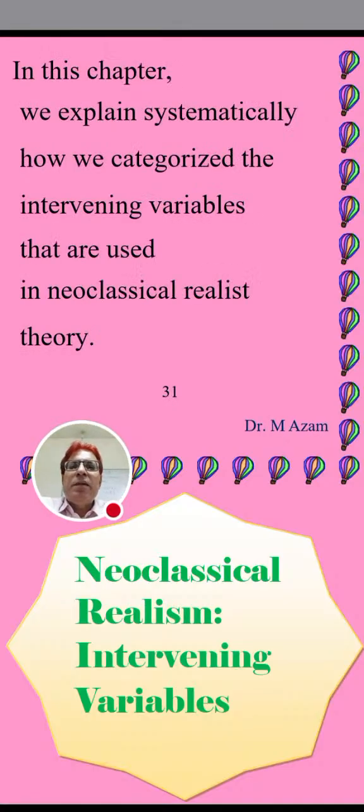In this chapter, we explain systematically how we categorized the intervening variables that are used in neoclassical realist theory. So the authors say they have addressed these criticisms, and they respond to them in this chapter and other chapters.